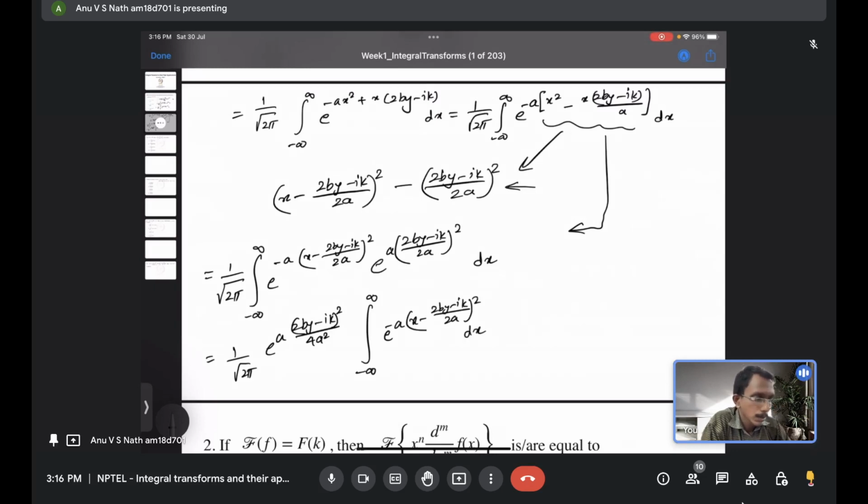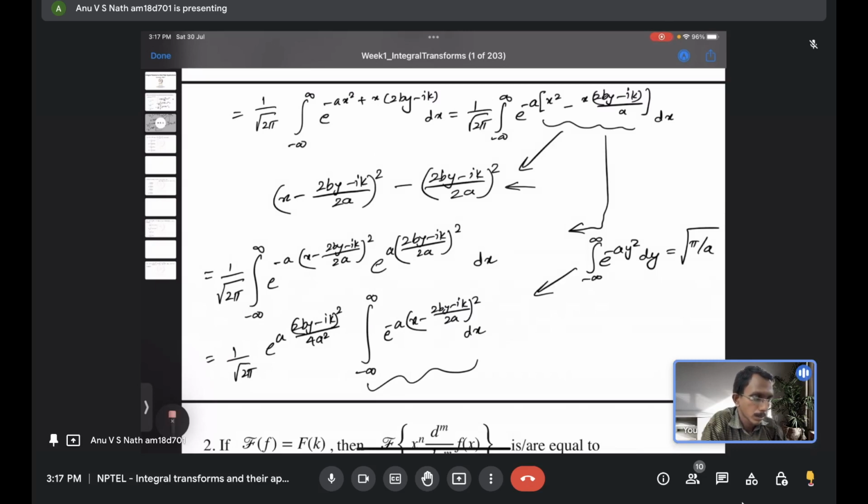Now if you have watched the videos uploaded on the website, some of you already know this is a well-known integral. Whatever the quantity inside the argument, generally you can say exponential of minus a y square dy, integral minus infinity to plus infinity, will be square root of pi by a. So that's what we are going to use here.